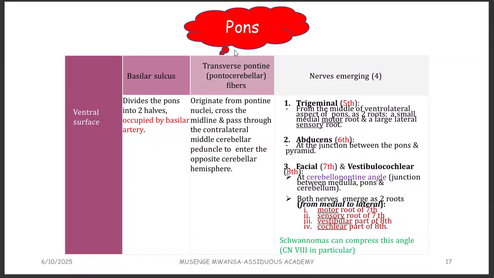Okay. And then you have got the transverse pontine fibers, also known as the pontocerebellar fibers, coming from the pons to the cerebellum. These ones originate from the pons in the pontine nuclei, and then cross the midline and pass through the contralateral cerebellar peduncle to enter the opposite cerebellar hemisphere.